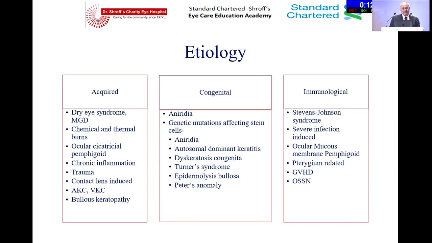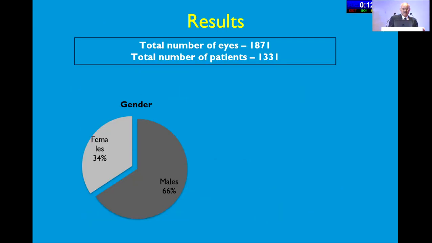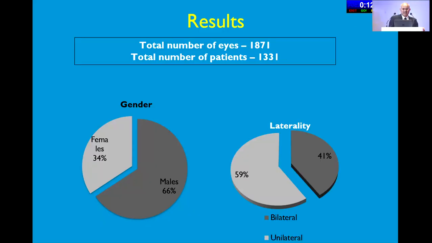These are basically the etiology of acquired limbal stem cell deficiency: congenital, immunological. This is a study that we did at LVP between 2005 and 2014, and to date it is the largest study of limbal stem cell deficiency etiology, with 1,300 patients and 1871 eyes.